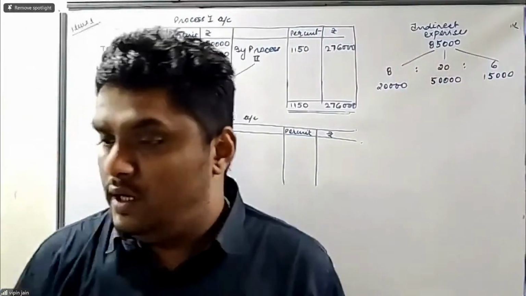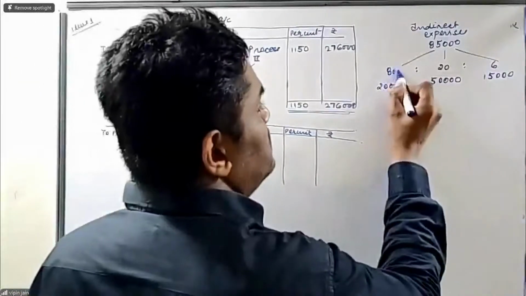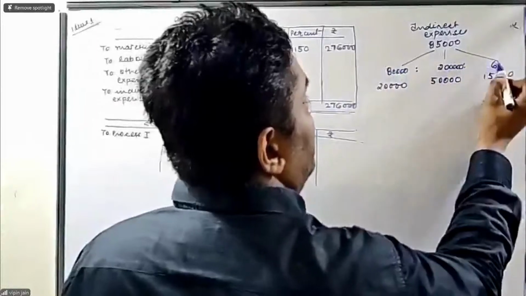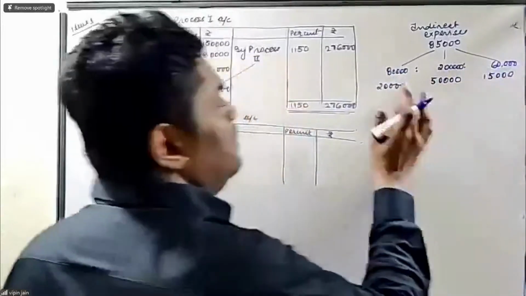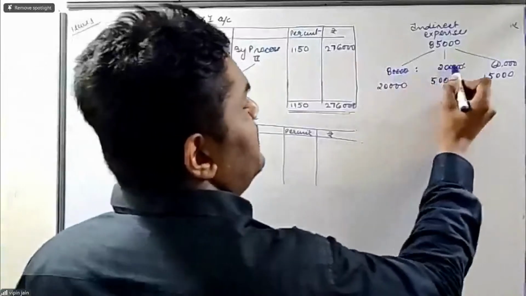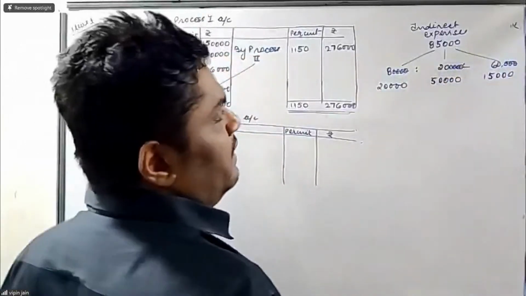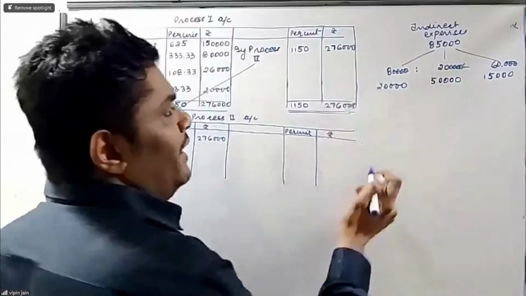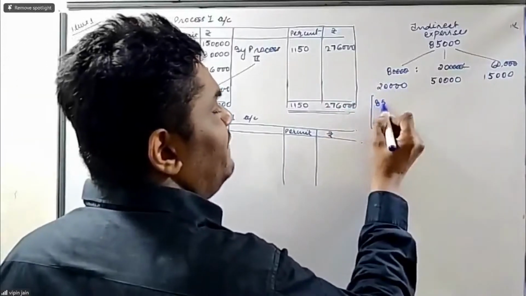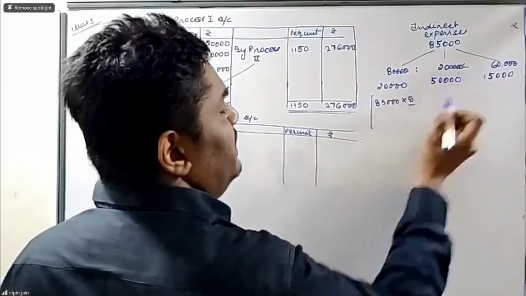Sir, where did this ratio come from? See, the labor cost is 80,000, 2 lakh and 60,000. So this is how this ratio is calculated. I have ignored all the zeros, 3 zeros, that's why. So this is how I got this ratio. And how come 20,000 is calculated? 85,000 into 8 divided by 8 plus 20 plus 6.